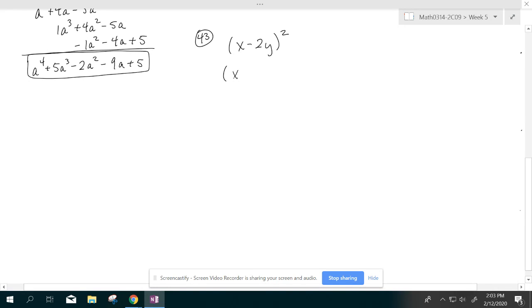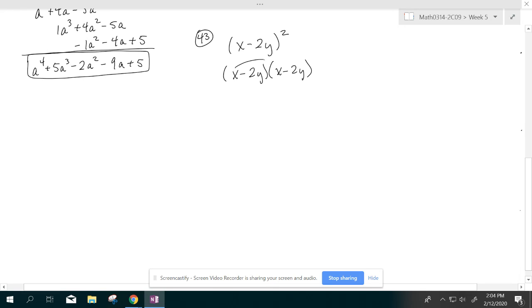So this is going to end up being x minus 2y times x minus 2y. Is that a binomial times a binomial? If they're both binomials, you got to FOIL it.